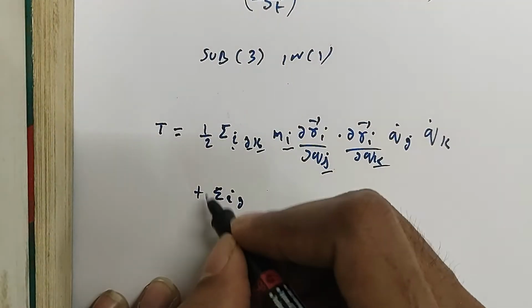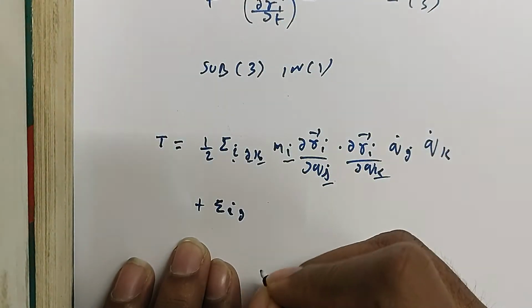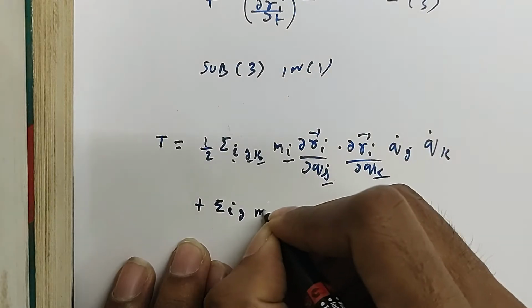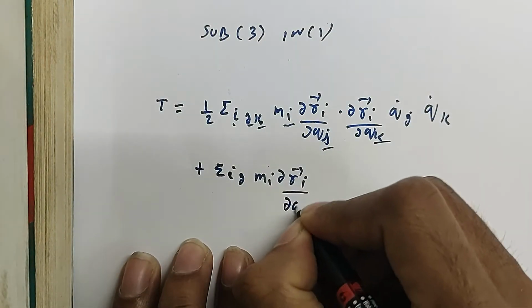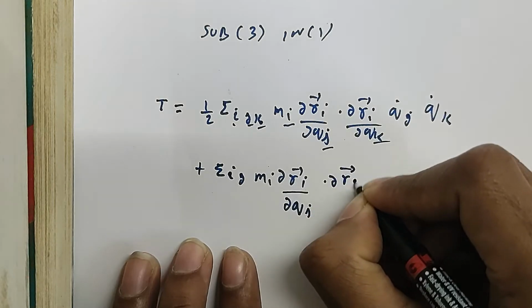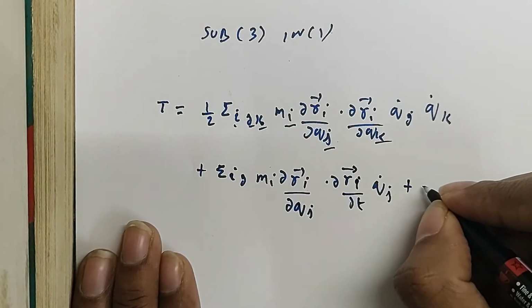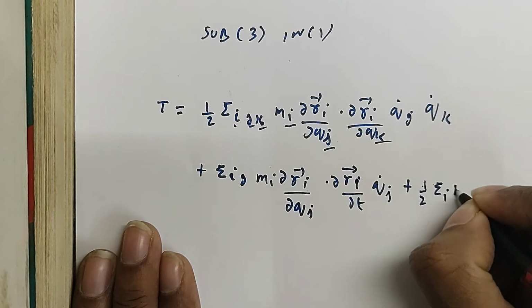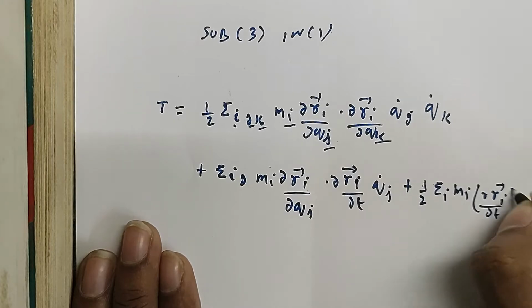Now the second case, I won't have half because I had 2, so half and 2 get cancelled. So I will have an expression which doesn't involve half. My mass will remain intact. So this would be written here: sum over i, j of m i, dou r i upon dou q j, dou r i upon dou t, q dot j, plus half summation over just m i, dou r i on dou t square.